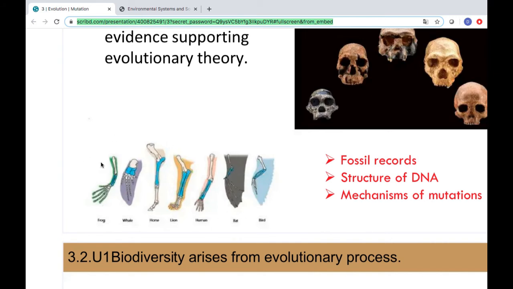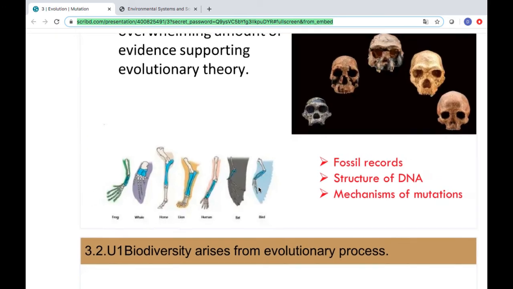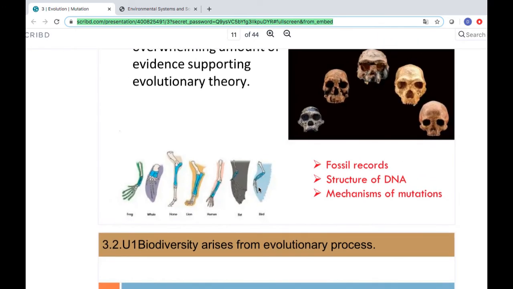For example, these are limbs of human, frog, whale, horse, lion, human, bat, and bird. If you analyze them, you can see that they have similarities and differences, right? But some of them present two bones that have a similar composition here, or maybe the function of those bones are similar. From that, we can say that we are coming from a natural common ancestor.